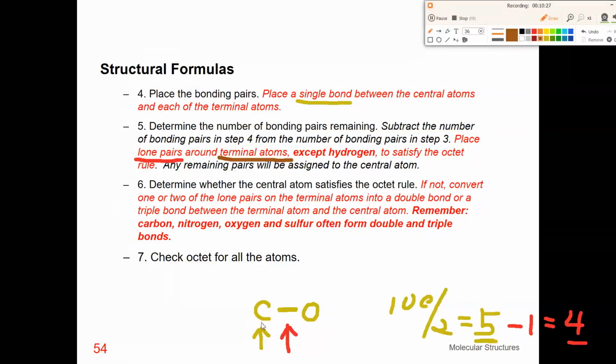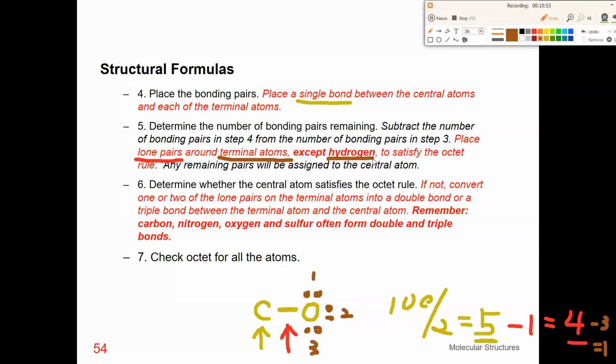In this case, carbon is central, so put the lone pairs on the terminal, in this case oxygen. For the lone pairs, this is 1, 2, 3, so 4 minus 3, we have another pair left.